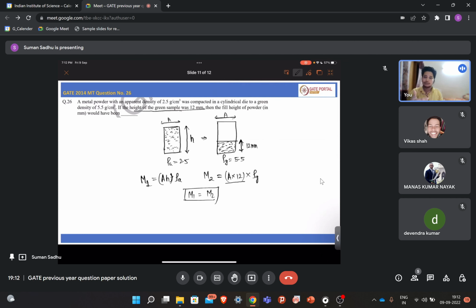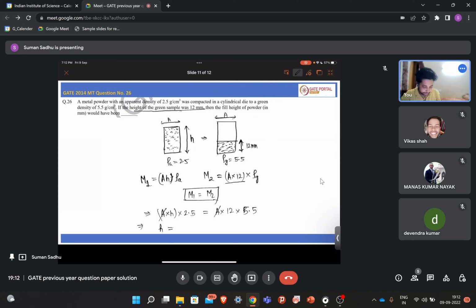So A into h into 2.5 is equal to A into 12 into rho G, which is 5.5, right? Now A and A will get cancelled out.